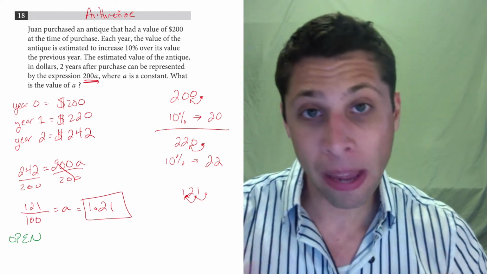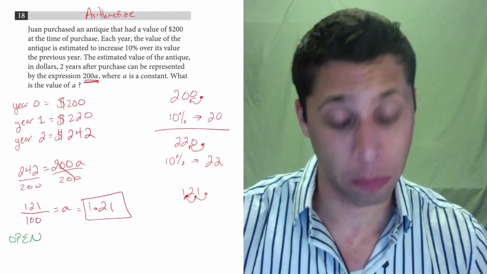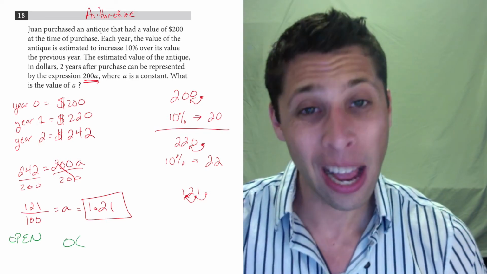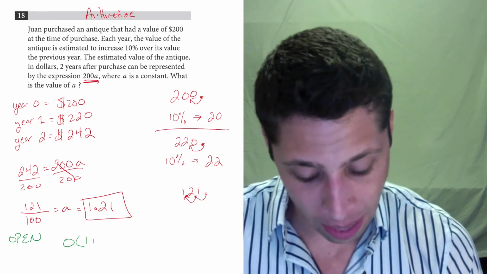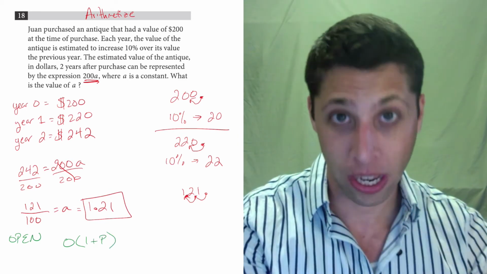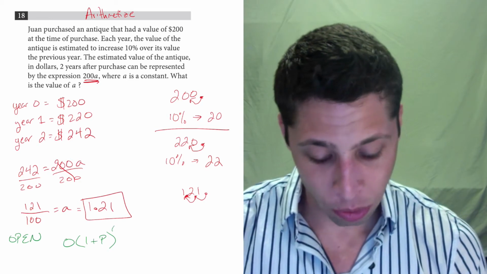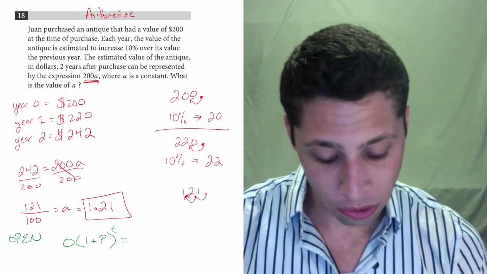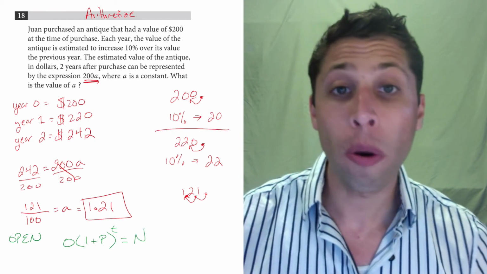And it's basically a way to remember how to structure an exponential equation. So the original amount times a percentage. And in this case, since it's a percent increase, we're going to do 1 plus the percent. And that's to the t, time, equals the e, the new amount.